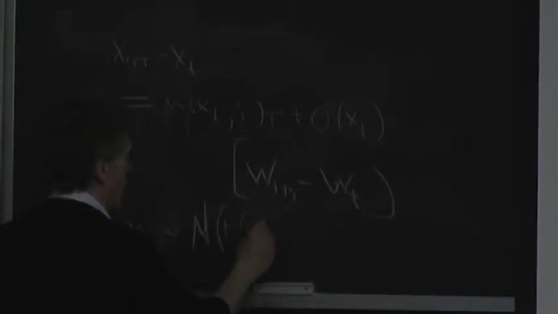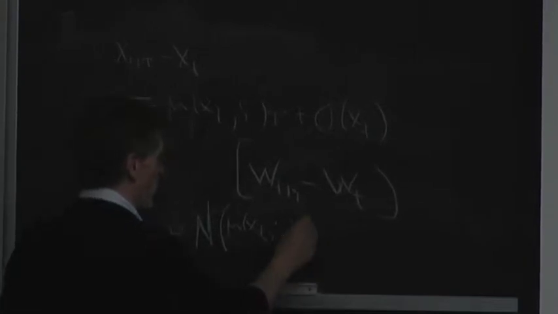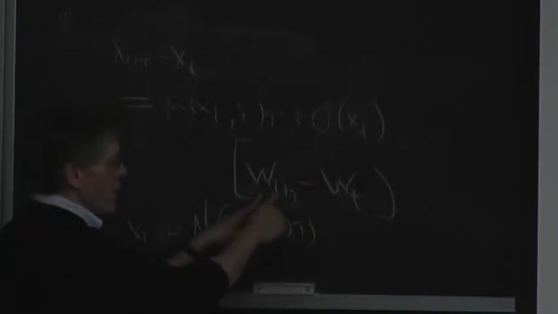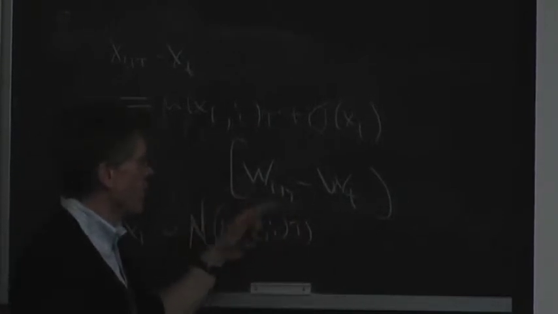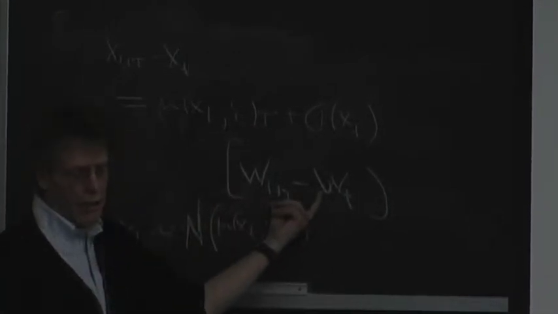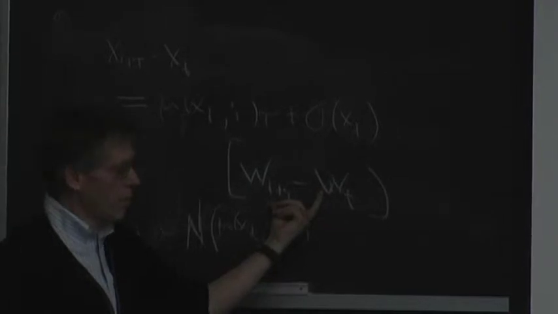So now under this model, xt plus tau minus xt is going to be distributed normal with mean mu xt iota tau, where tau is the sample interval, and this is scaled to have variance given by the length of the time interval.